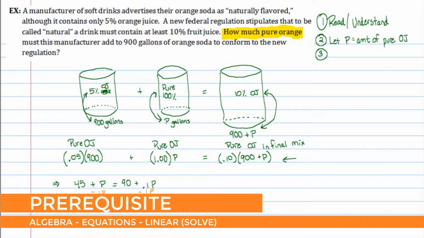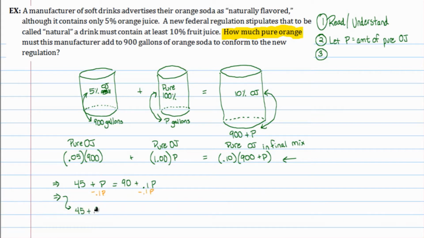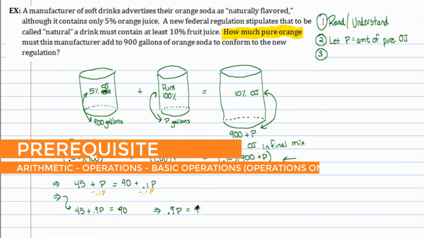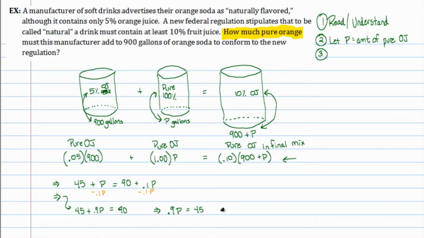And this will give me 45 plus 0.9p is equal to 90. Subtract 45 from both sides, so you get 0.9p is equal to 45. And finally, divide both sides by 0.9, and you'll get the following. Let's see, that's 450 divided by 9, which is 50. All right, so this tells me that p is 50.